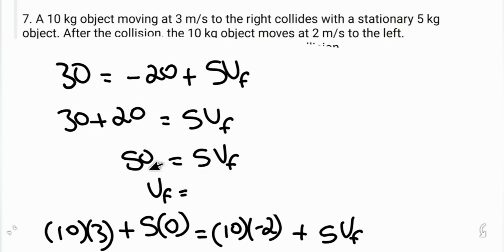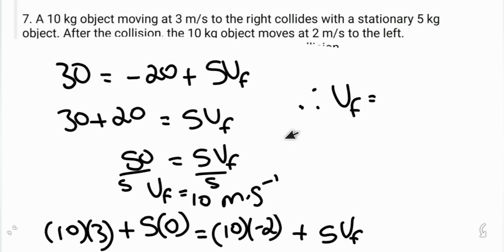Now if you divide both sides by 5, 5 and 5 will cancel out, and the final velocity will be 50 divided by 5, which is 10 meters per second. Therefore, the final velocity for the 5 kg block will be 10 meters per second to the right, because it's positive.